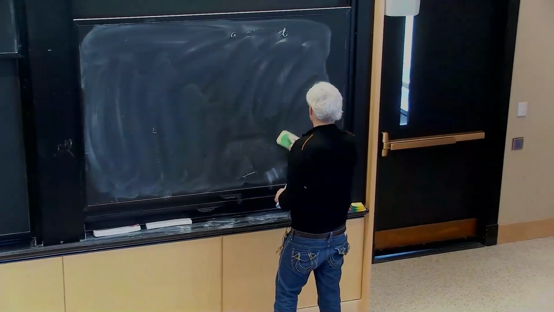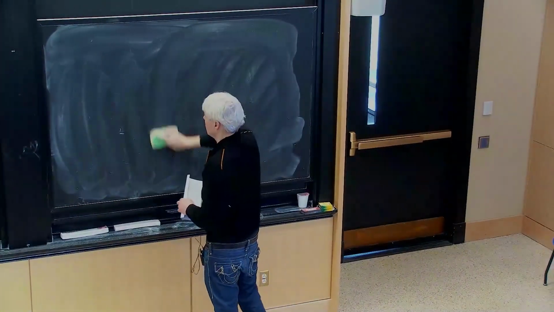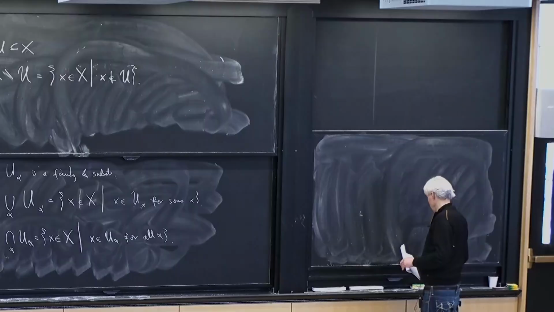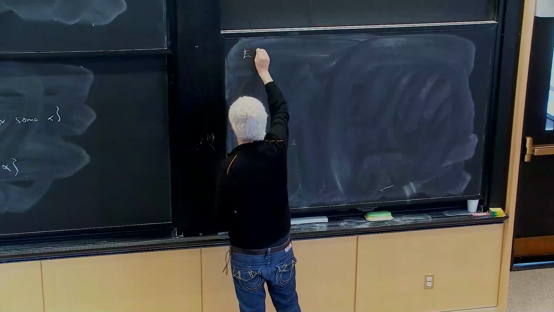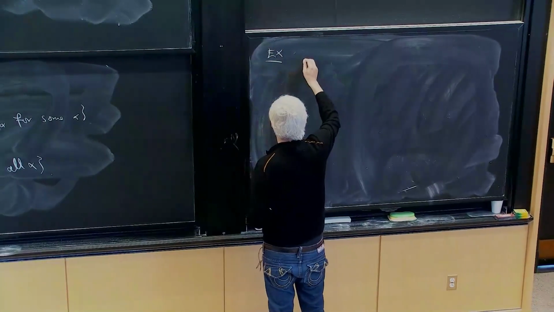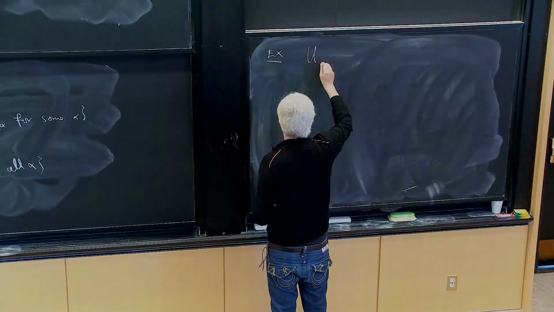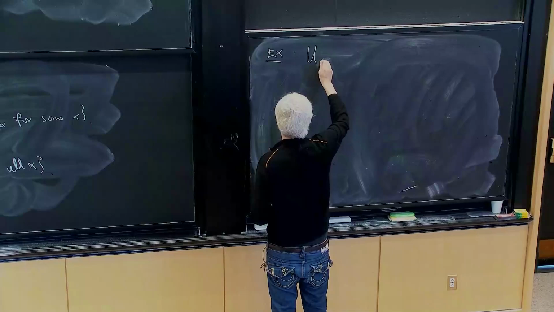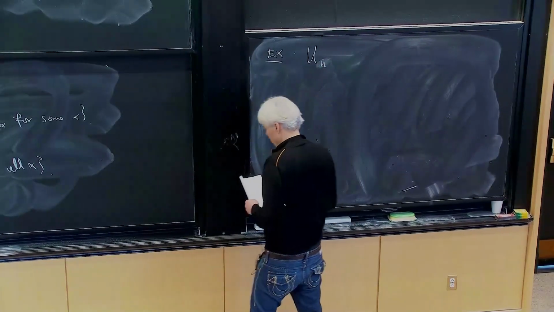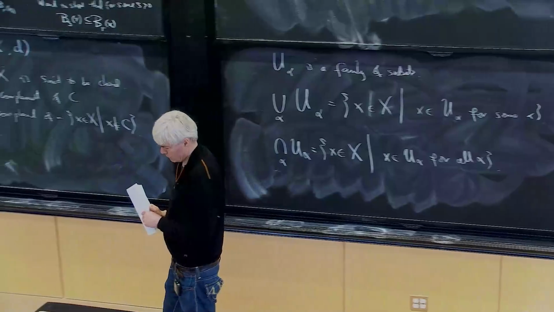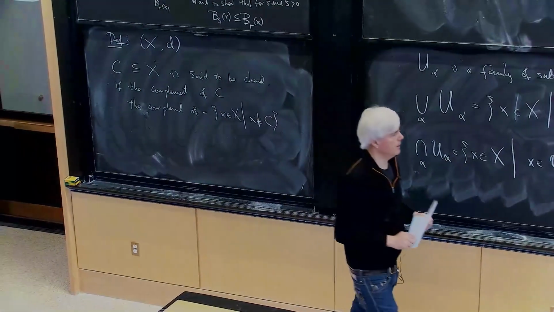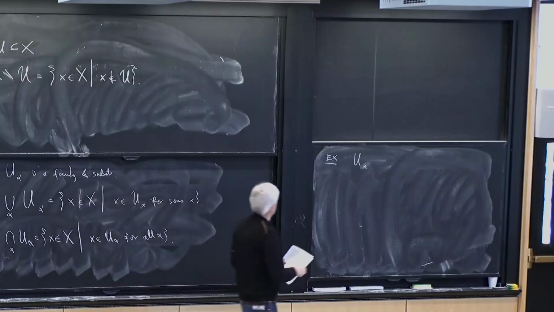And then let me prove something about open sets. Suppose that U alpha, or U_n, is now a family of subsets of the real line, indexed by the natural numbers.